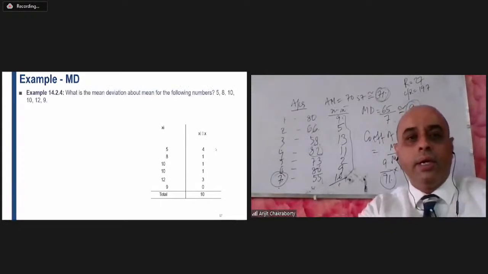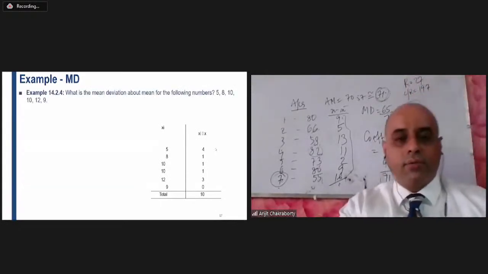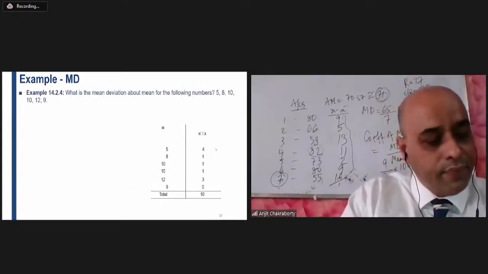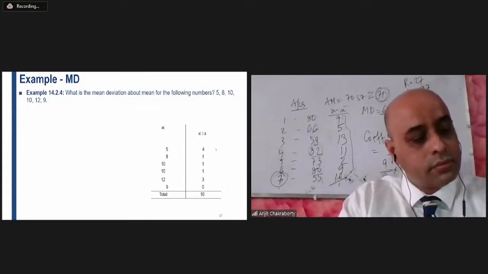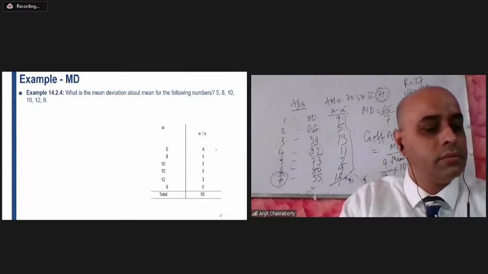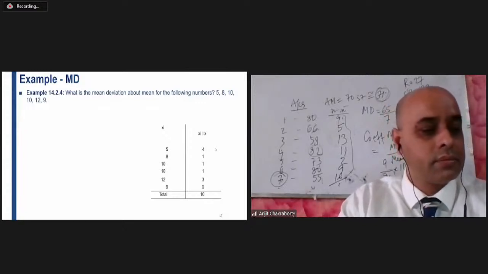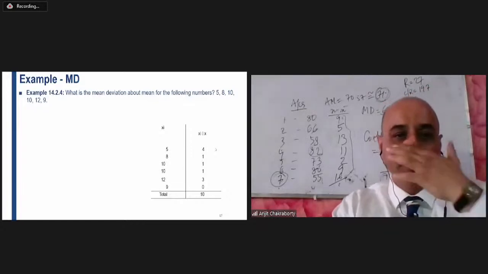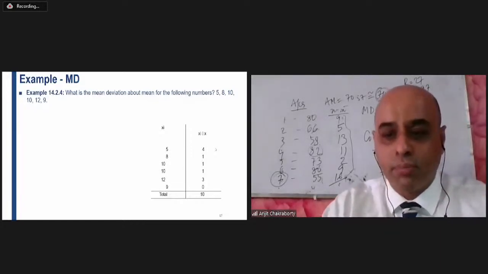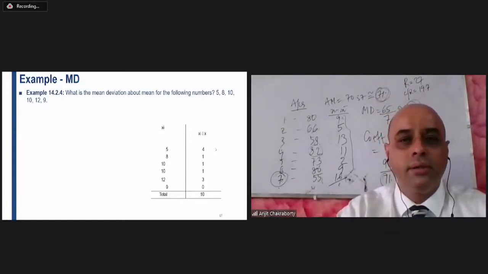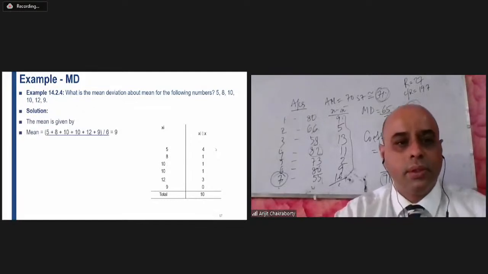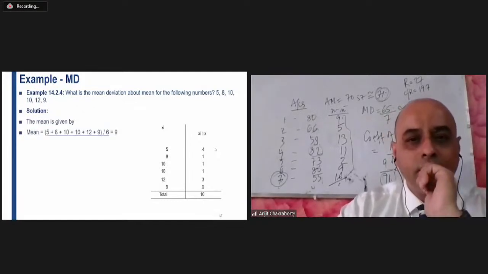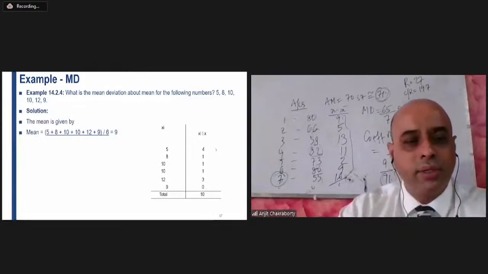Okay. Now let us take one example from the study material. What is the mean deviation about mean for the following numbers? 5, 8, 10, 10, 12, 9.